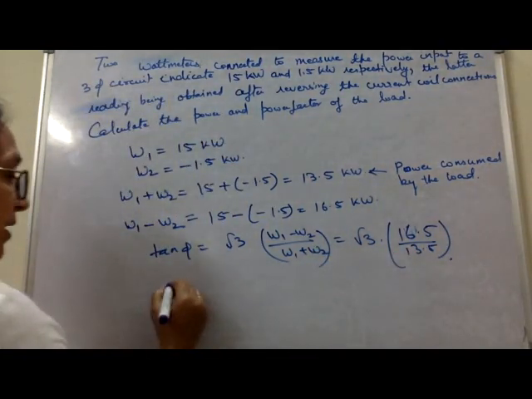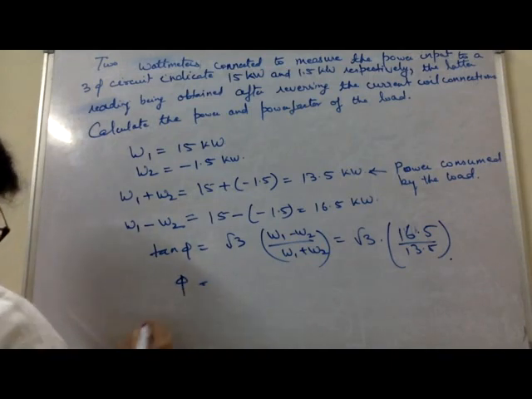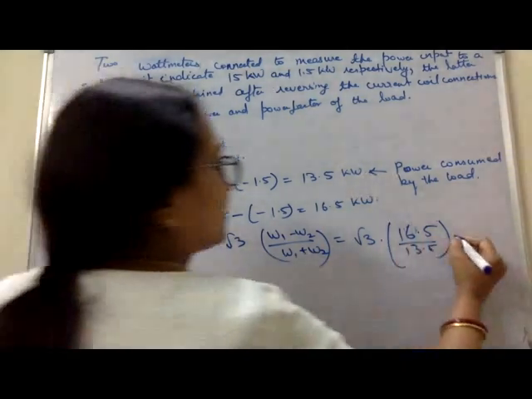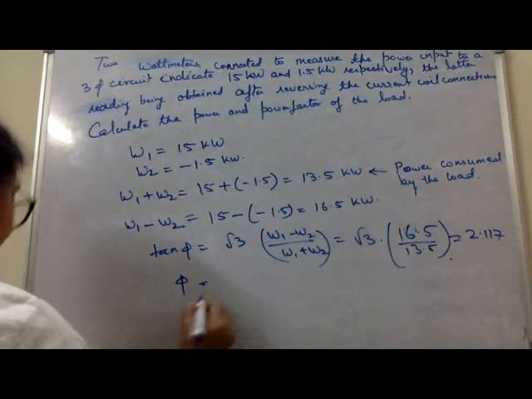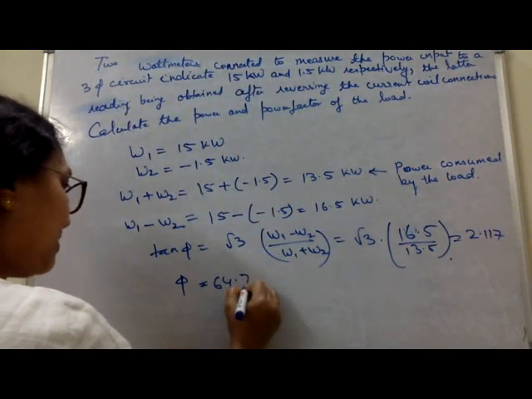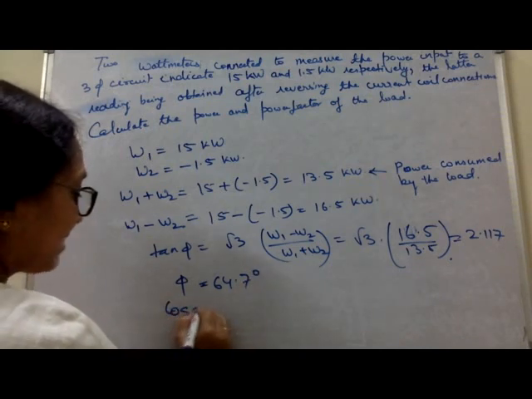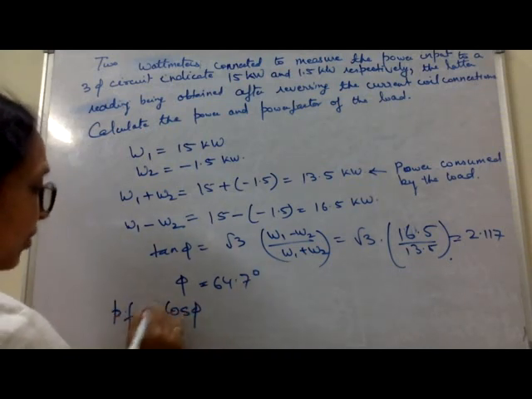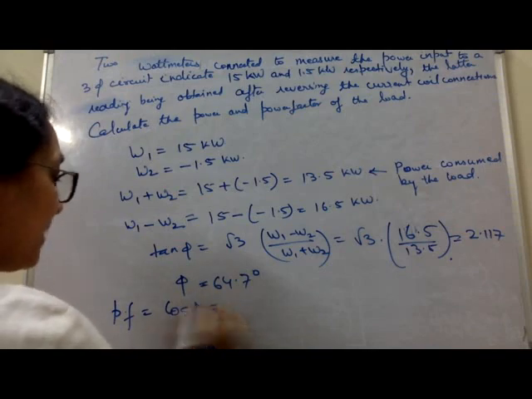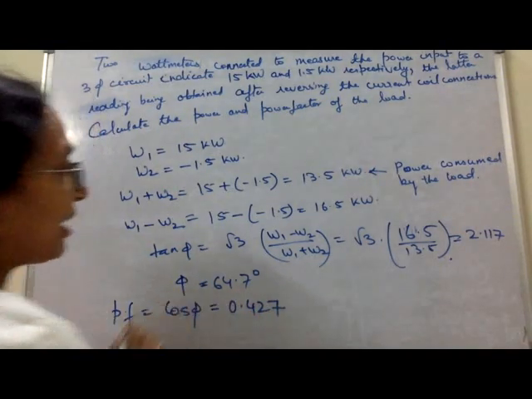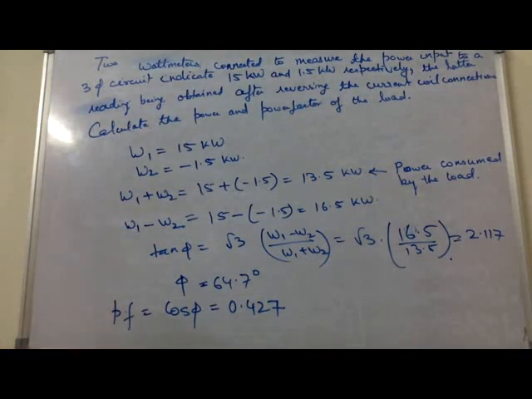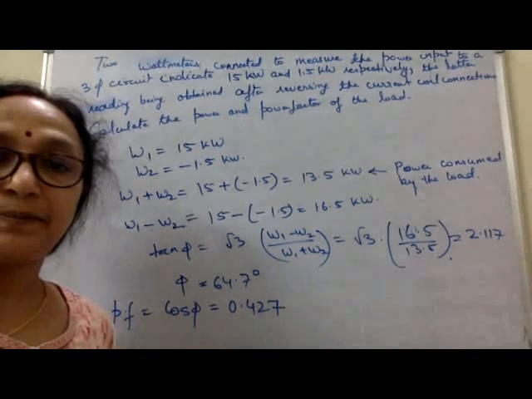So this is equal to 2.117 and phi will be equal to 64.7 degrees. Therefore, power factor will be equal to cos of this phi. So that is equal to 0.427. Okay. So this is how we do the calculations as per the given numerical.